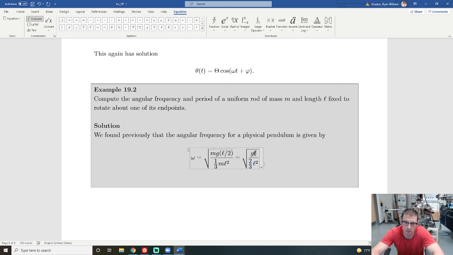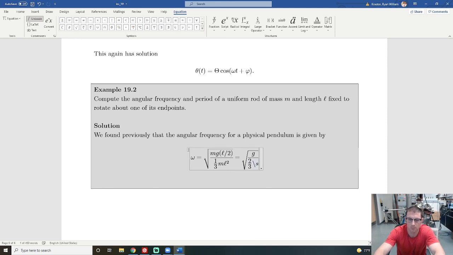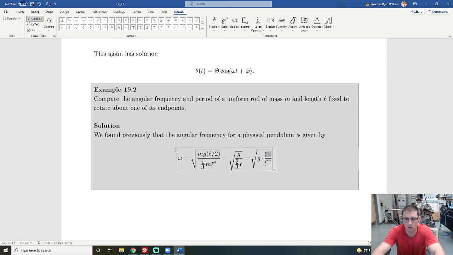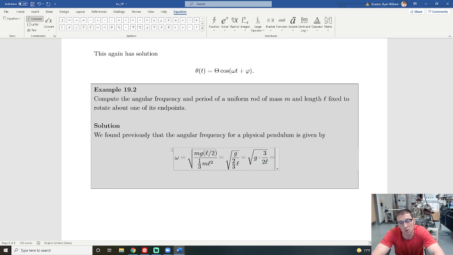We can cancel a factor of L also, right? And then this actually works out to be the square root of g times 3/2 L, right? Because honestly, I struggle when dividing a fraction by another fraction, so I want to make sure that I do that carefully. But it's just multiplication by the reciprocal, right?